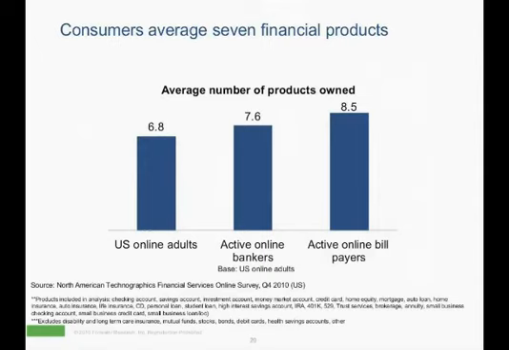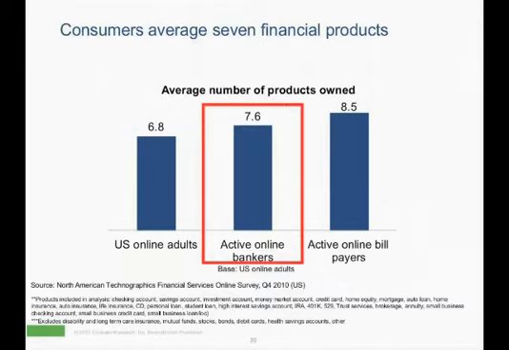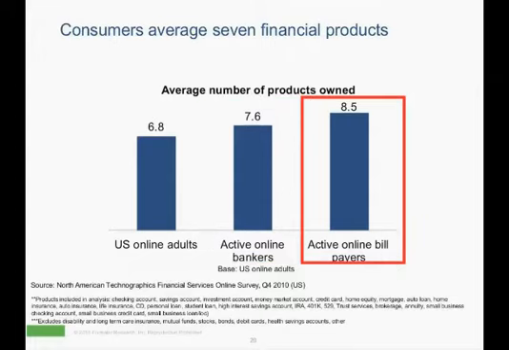Well, why is cross-selling so important related to onboarding? Well, first of all, let's understand product ownership. So every year we track the number of products consumers have and who they have them with. And we know that the average consumer has about 6.8 products per household, per adult. If they're online bankers, they have 7.6 products. If they're online bill payers, they have 8.5 products.